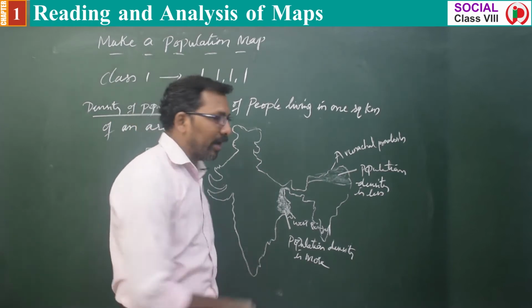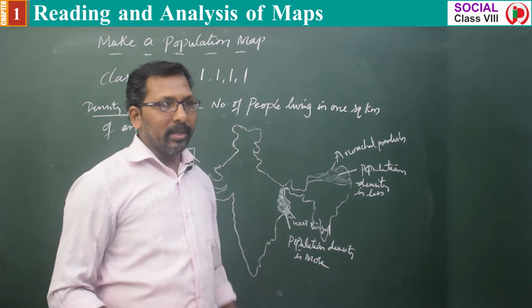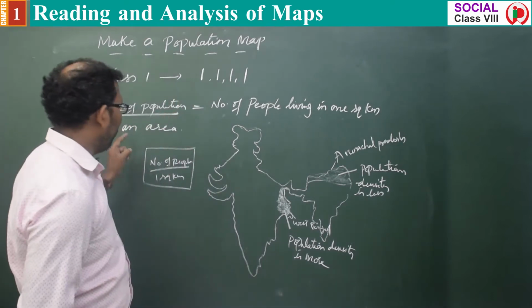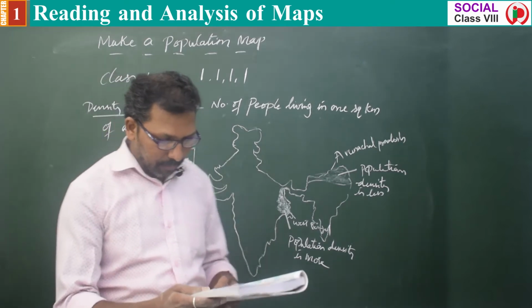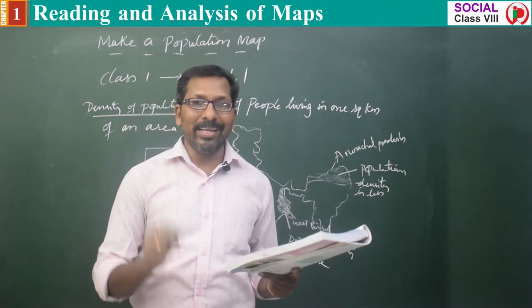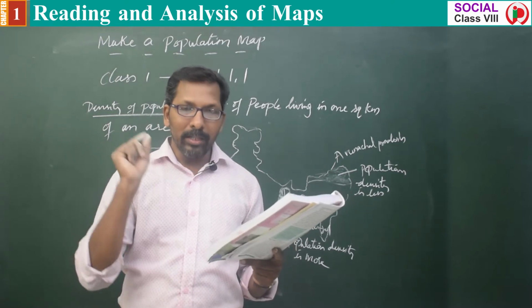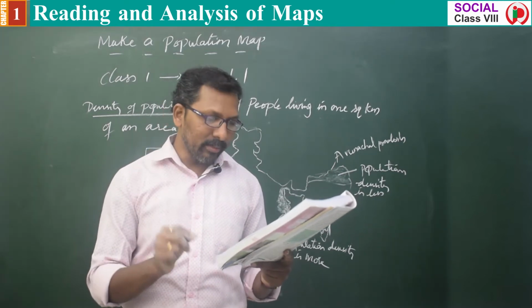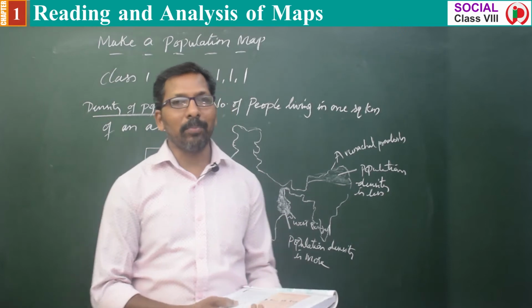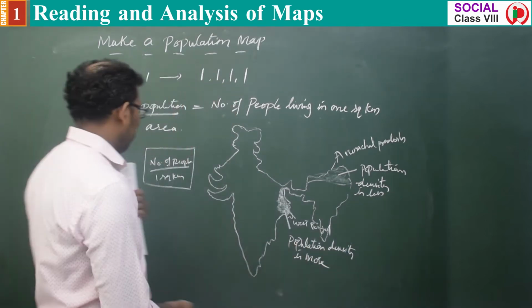So in that way you can find the number of people divided by square kilometers, and you will get the density of population. Now here, for example, if the area of a village is 10 square kilometers and 1000 people are living in it, the population density of that particular place will be 100 per square kilometer.